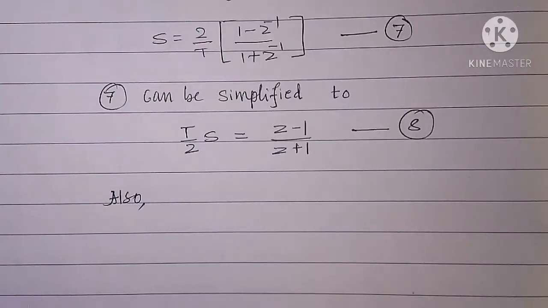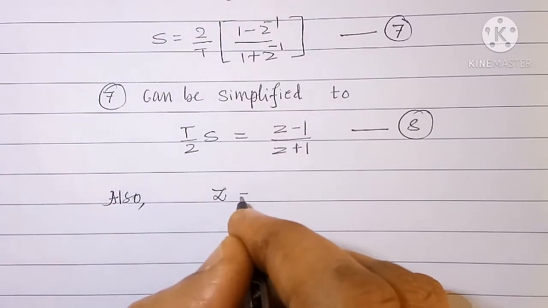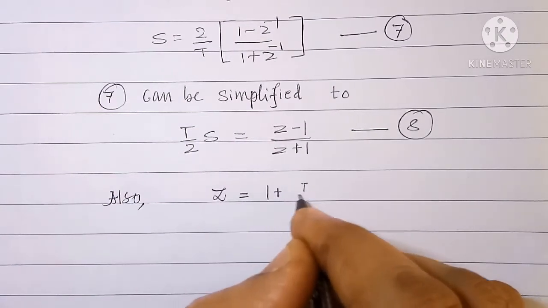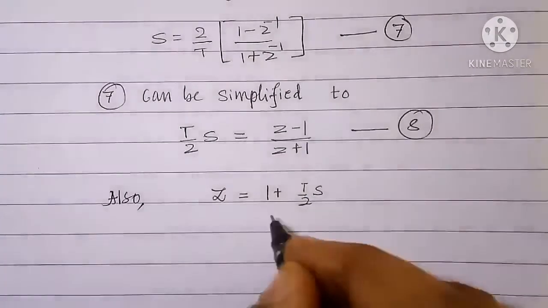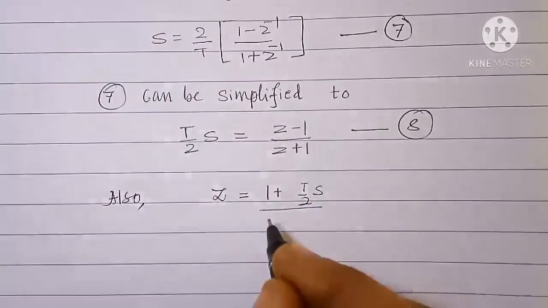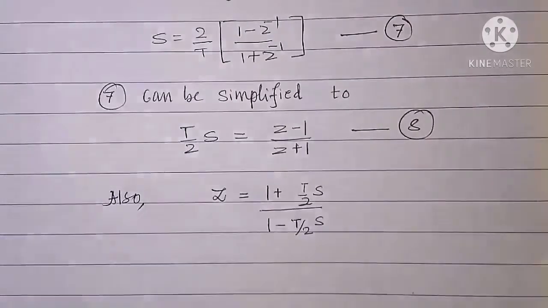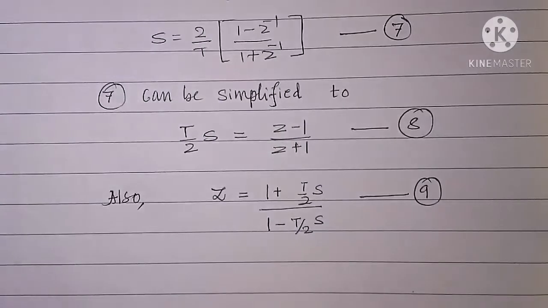Also, it can be simplified to obtain the value of Z. Z equal to (1 plus T by 2 into S) upon (1 minus T by 2 into S). Let us call this equation 9.